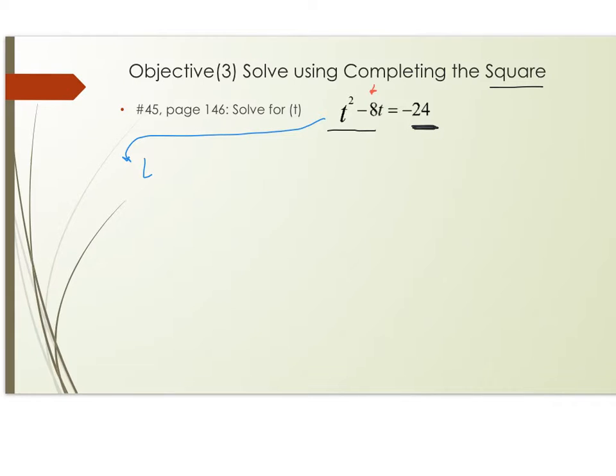So when we do that, we get t squared minus 8t. We take half of negative 8, which is negative 4, and we square it, and we get 16. And we're going to add it to both sides of the equation.